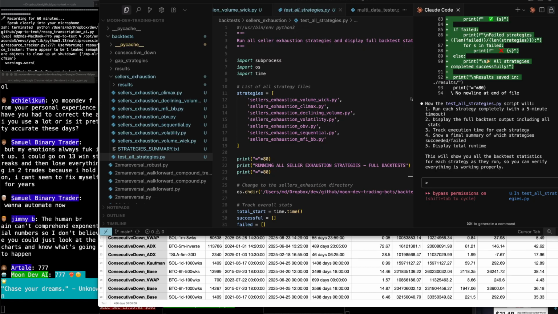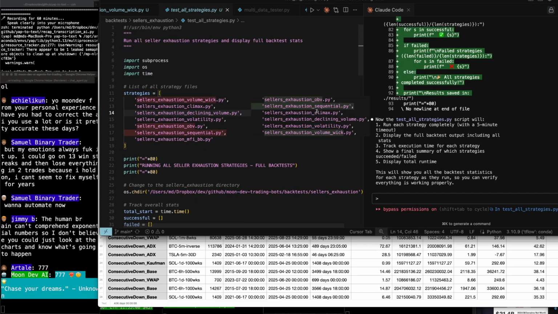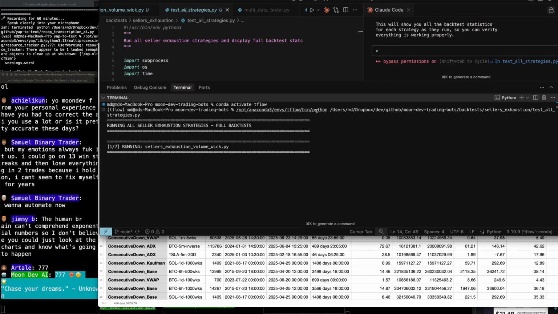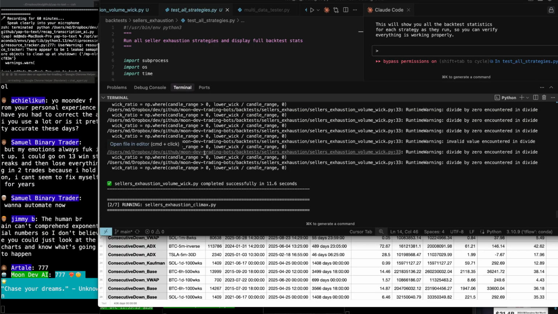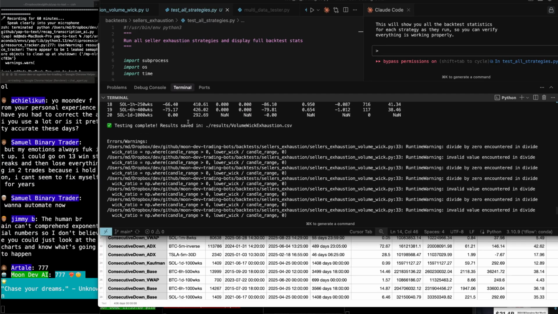Okay, now test all strategies when I run them. Let's run it, dog. Seller's exhaustion, volume wick. I mean, we got this warning.